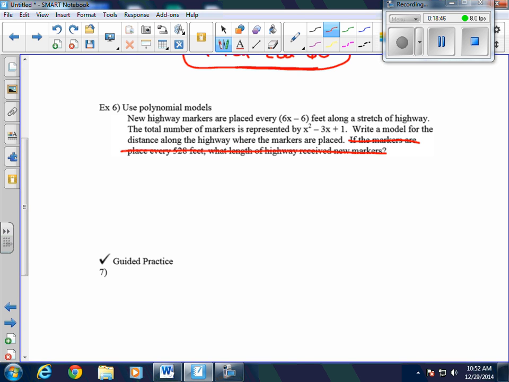Okay, so what we're going to do is we're going to multiply those. X squared minus 3x plus 1 times 6x minus 6. So if we multiply those, we're going to get 6x cubed minus 18x squared plus 6x, if we're taking the 6x and distributing it. Now we're going to take the negative 6 through.